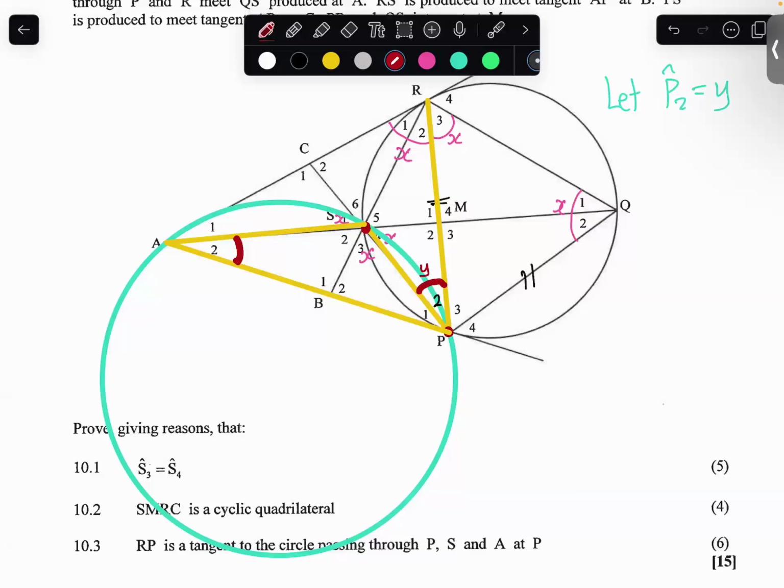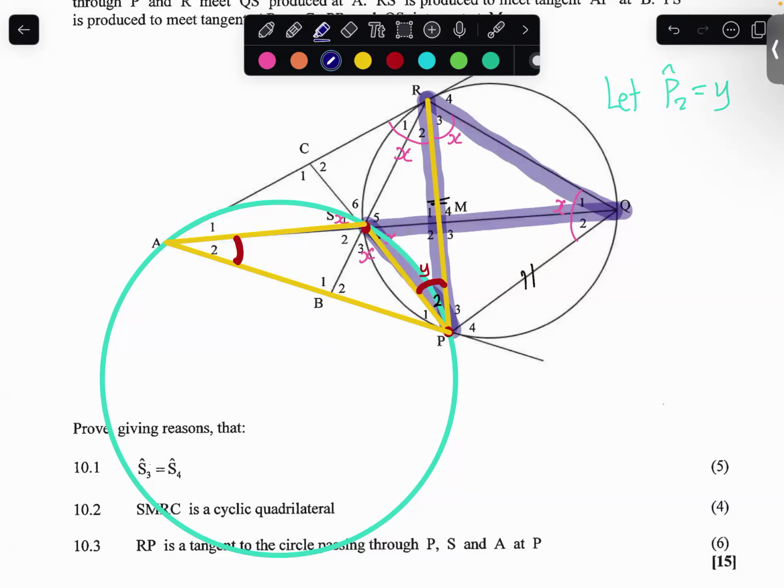So this angle P2 is y. Then I'm going to try and extend that y as far as possible. So let's say I have y there. This is a bow tie butterfly, which means Q1 and P2 are both y because of same segment.